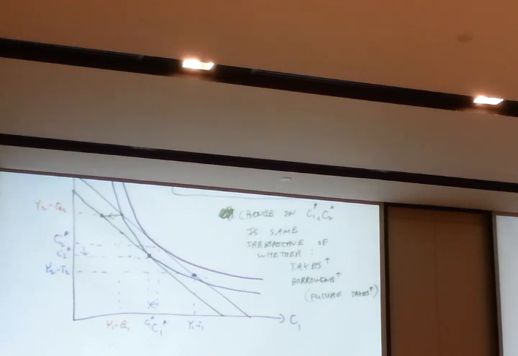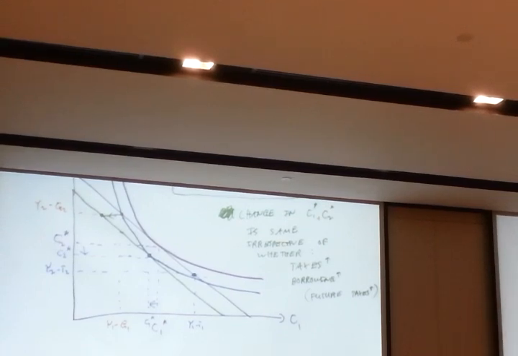You might wonder why we have so many different theories of consumption in macroeconomics. You can think of the simplest one as being the Keynesian model of consumption. This is a more complicated theory. Why do we need a more complicated theory?